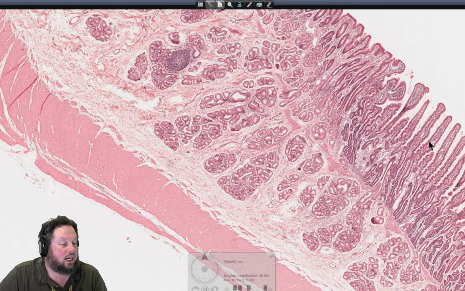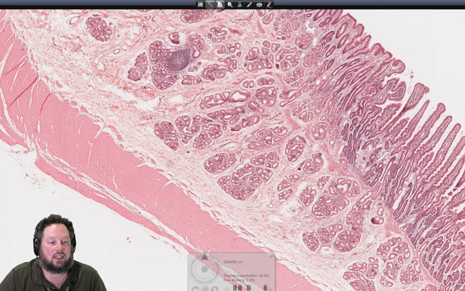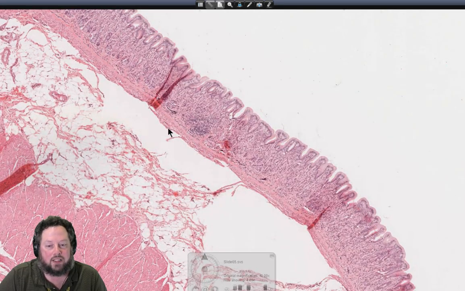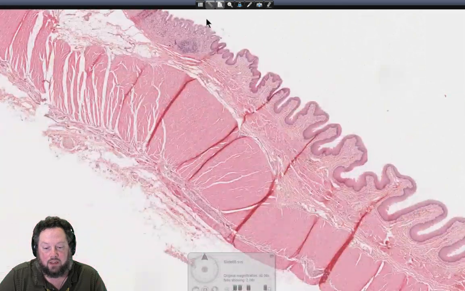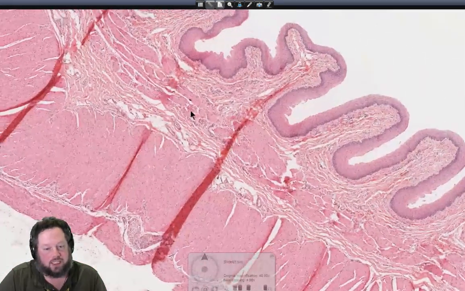Yes, both would have submucosal glands. Although the section I've shown you of the cardio-oesophageal junction never actually had any submucosal glands. It's mentioned in the textbook, but I didn't actually see any in the slide, and to be honest, I've never really seen any evidence of submucosal glands in these sections.